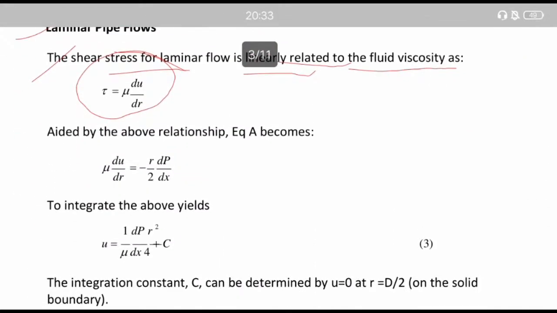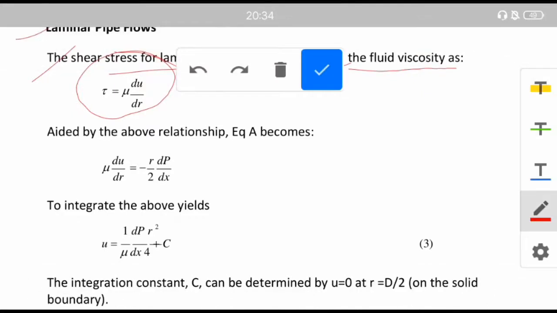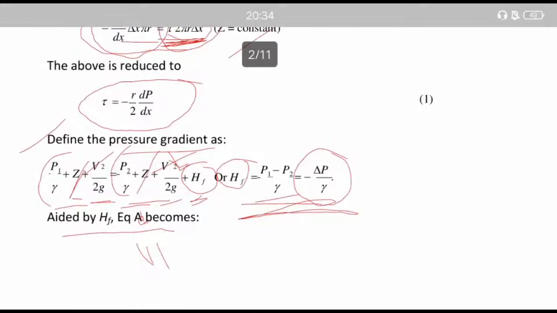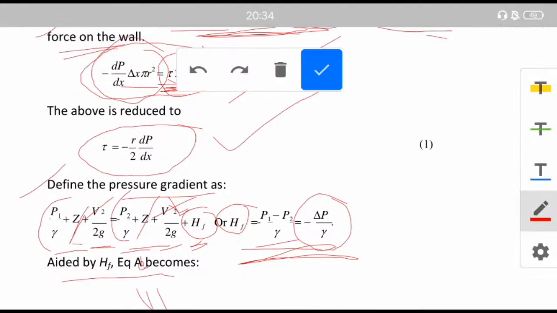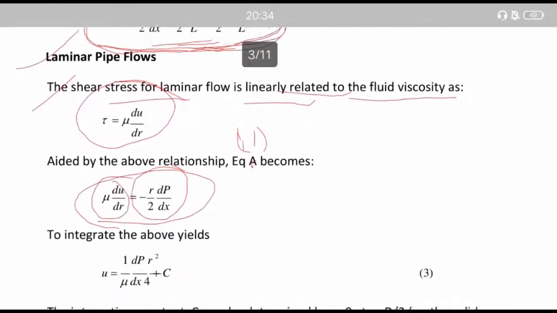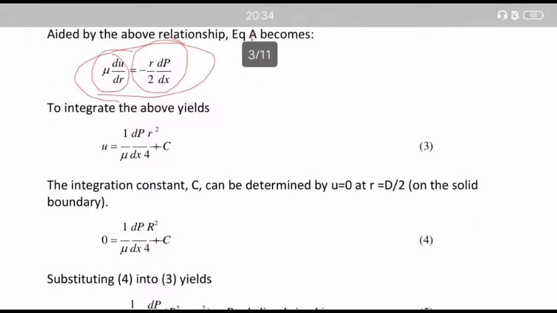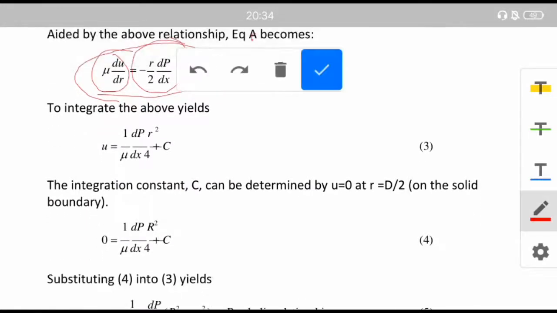Aided by the above relationship, equation 1 becomes mu du upon dr, that is the tau, and we also got tau from equation 1. Thus we equate it and integrate the above to get this.